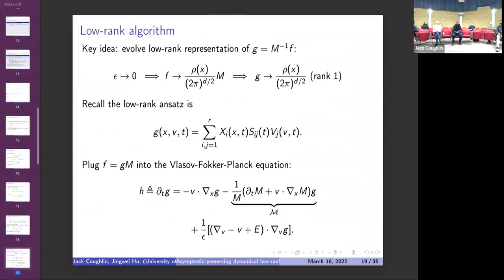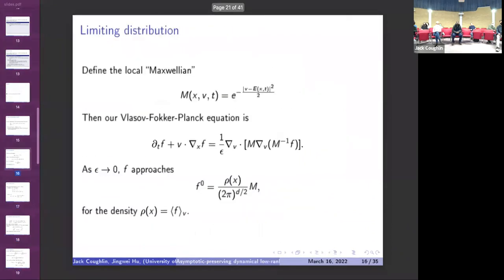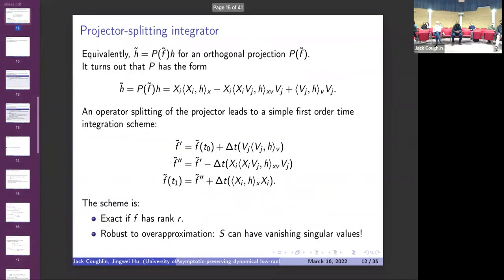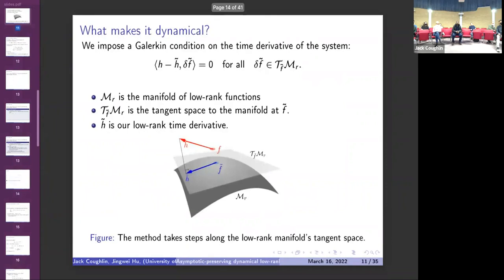So here, this is the h that we're going to project into this tangent space. And I wrote down the form that the projector takes, and it's this, right? So the projection happens at the level of the time derivative, and then by taking steps only in this tangent space, you can stay close to the manifold.